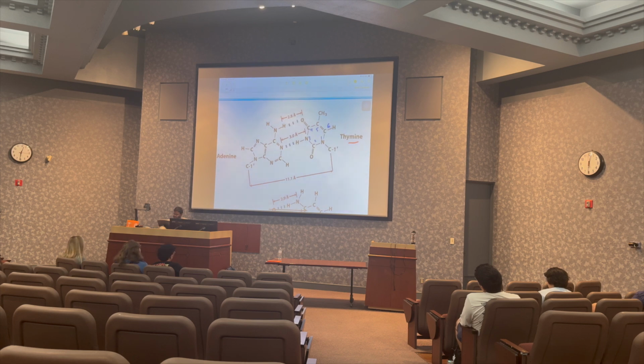Can you see carbon attached with oxygen and nitrogen attached with a hydrogen? They are not there just so that you can remember 2-amino 6-oxy. They are there so that they can make a hydrogen bond with adenine.